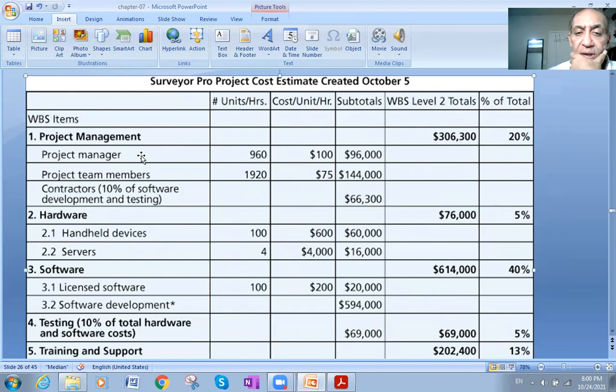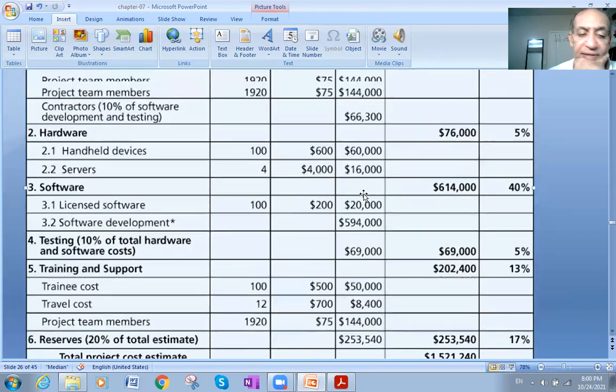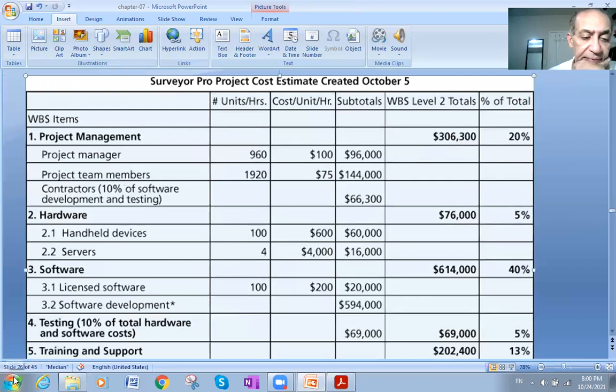Okay. Let us see how it works. 306,300, if I get my calculator.